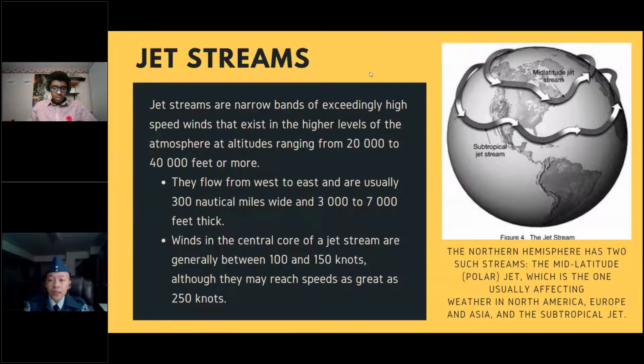So on the right here, the diagram demonstrates the northern hemisphere, which has two streams. So the mid-latitude polar jet, which is the one usually affecting weather in North America, Europe and Asia, and the subtropical jet.